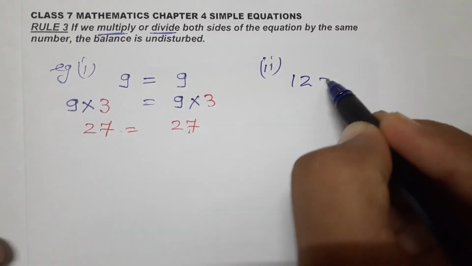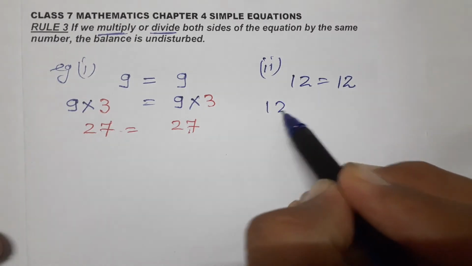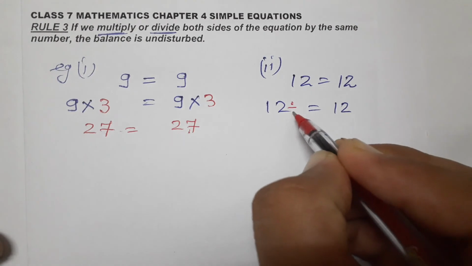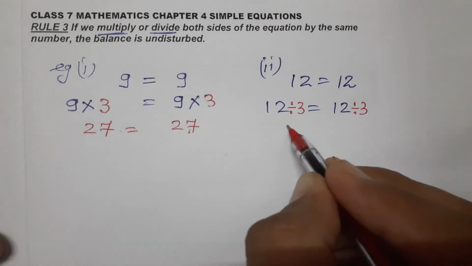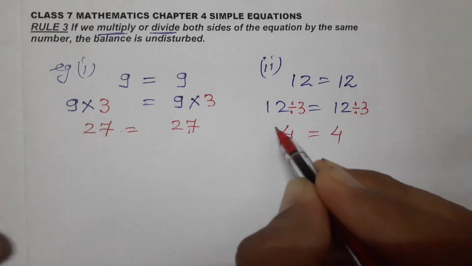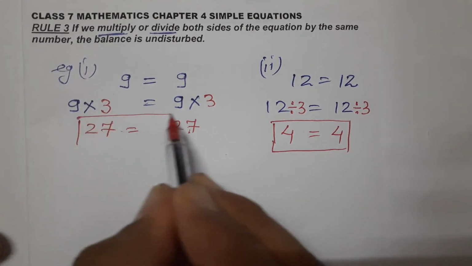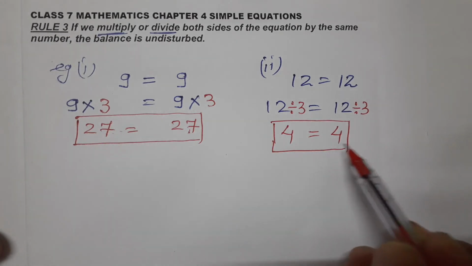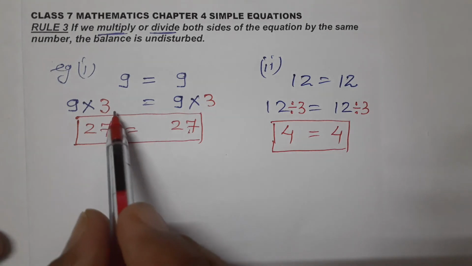So we know 12 equals 12. Let's divide both sides by the same number, 3. 3 4s are 12, 3 4s are 12, the balance is undisturbed, the equation still holds, and left hand side and right hand side are both equal in case of division also, in case of multiplication also.